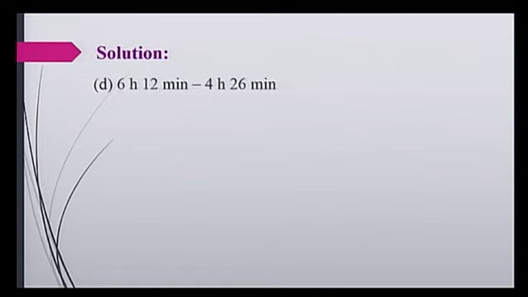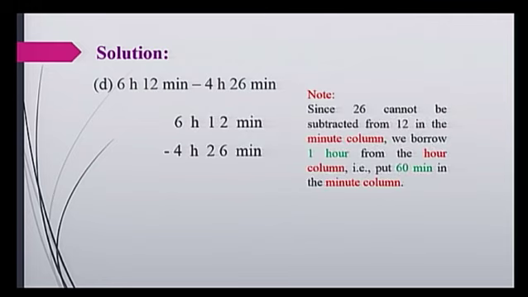Part D, 6 hours 12 minutes minus 4 hours 26 minutes. So we are going to proceed just as in part C. Now, you can see that I cannot subtract 26 from 12 in the minute column. So what I'm going to do is borrow 1 hour from the hour column.